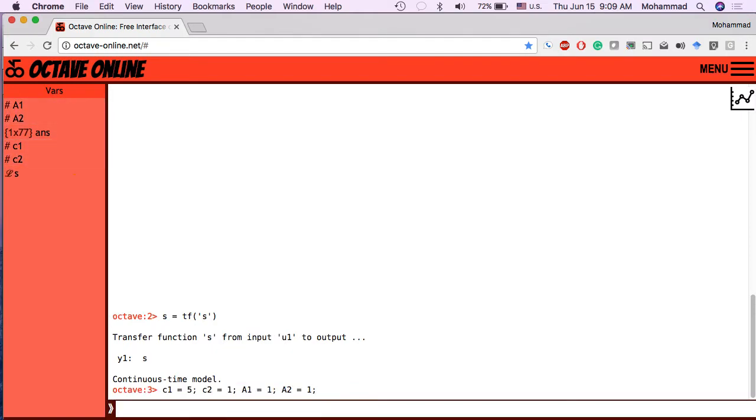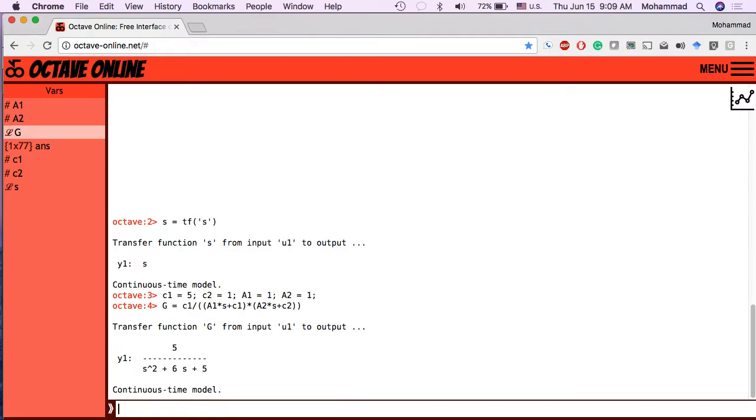And our transfer function G is equal to C1 divided by A1 times s plus C1, multiplied by A2 times s plus C2. Okay, so let's look at our locus of G.